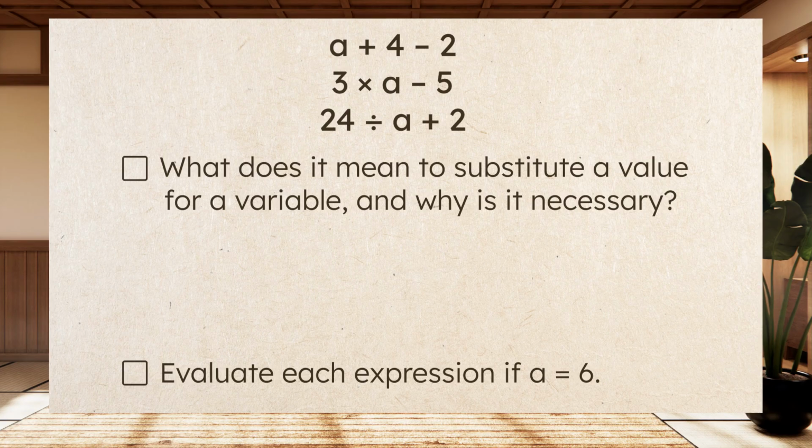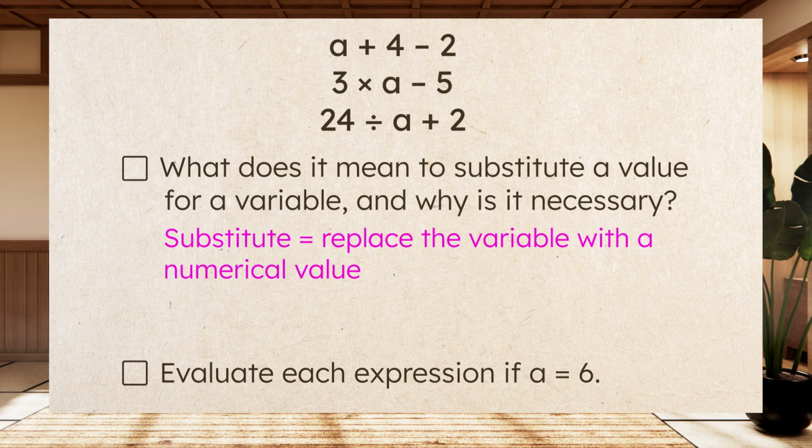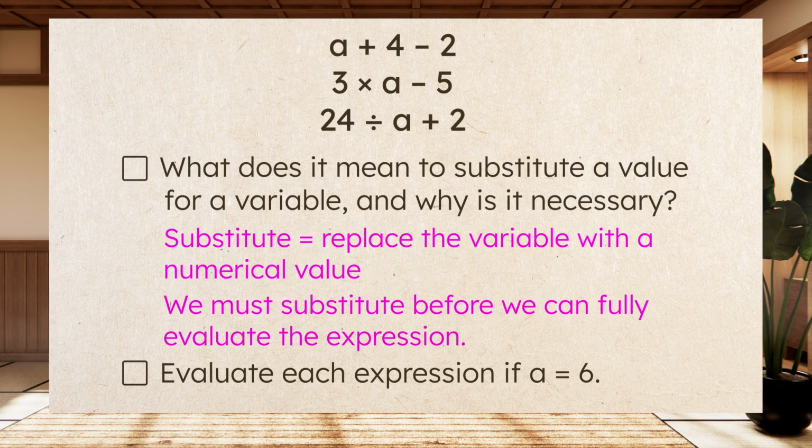When we substitute a value for a variable, we are replacing the variable, typically a letter, with a numerical value. With the variables in place, we cannot find the final solution. So this is necessary for us to be able to fully evaluate the expression.